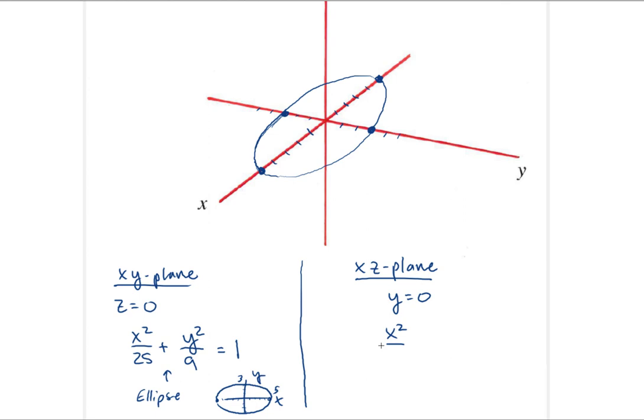So this is x squared over 25 minus z squared equals 1. All right, and as we reminded ourselves about a couple examples ago, this is going to be a hyperbola. But it's a hyperbola where your intercept is with the variable that's positive, right?